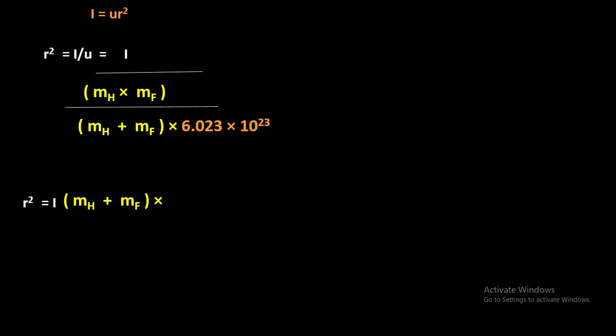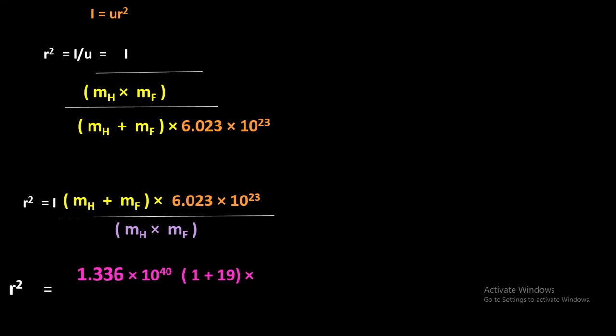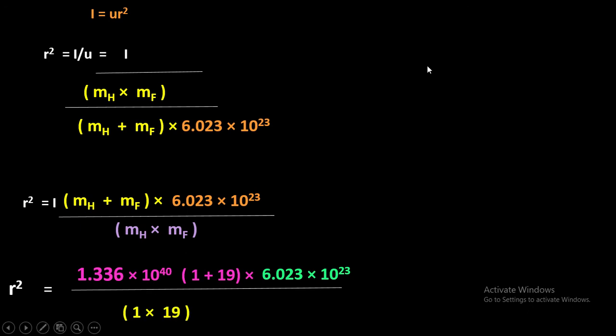Therefore, r square equals I into mH plus mF into 6.023 into 10 raised to 23 upon mH into mF. Therefore, r square equals 1.336 into 10 raised to minus 40 into 1 plus 19 into 6.023 into 10 raised to 23 upon 1 into 19. By solving, r square equals 7.983 into 10 raised to minus 17 centimeter square.